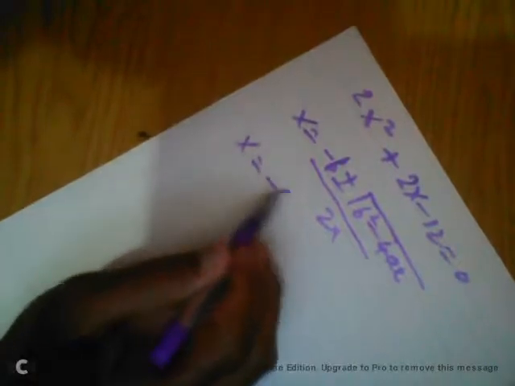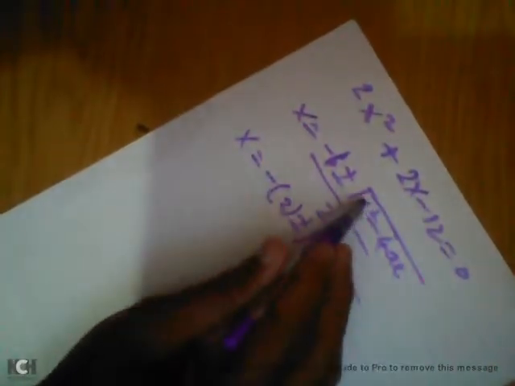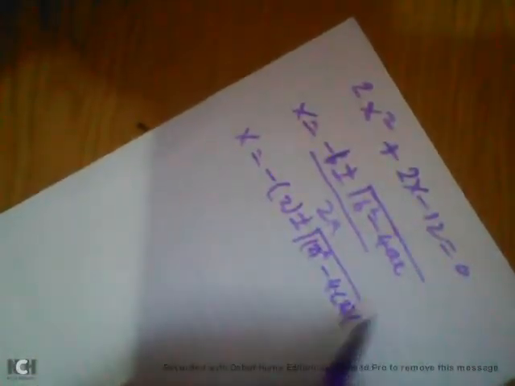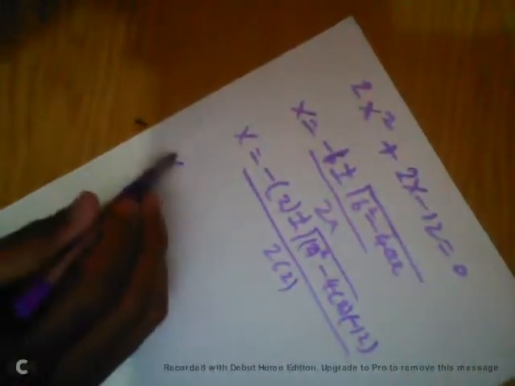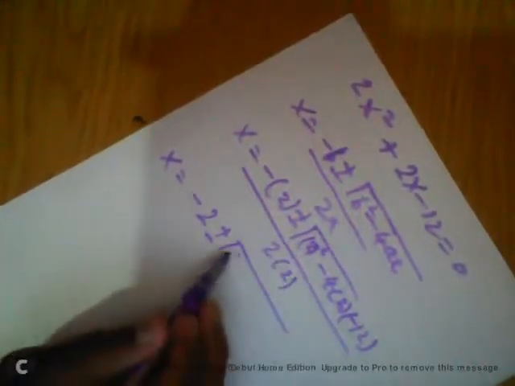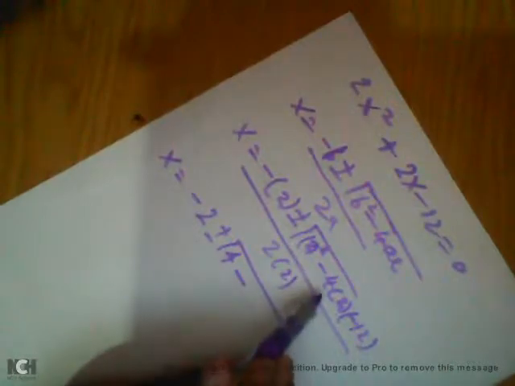So x equals negative, what is b? 2, plus or minus, okay, b squared means 2 squared equals 4, minus 4 times a equals 2 times c equals negative 12. Okay, 2 times a, what is a equal to? So x equals negative 2 plus or minus, and then plug this in, it's going to be 4 minus.